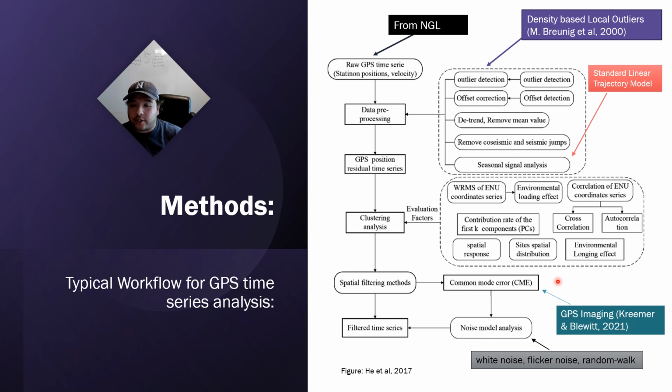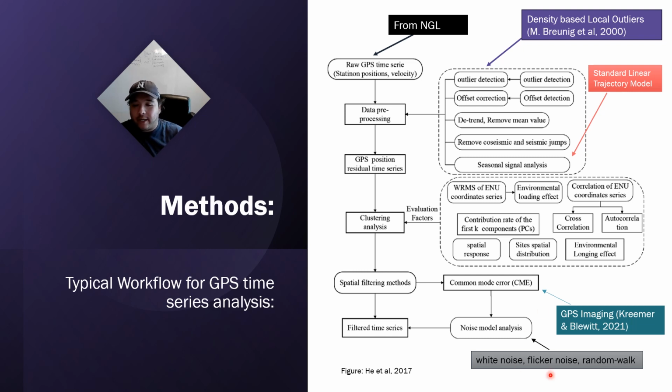A common mode filter, or a common mode error analysis. This was something that Cornet Kramer and Jeff Blewett have published a paper on recently, and so I used Cornet's Fortran program for this part of my analysis. I'm not planning on touching that and rewriting that in any other language because it's a very robust and large program that does many things.